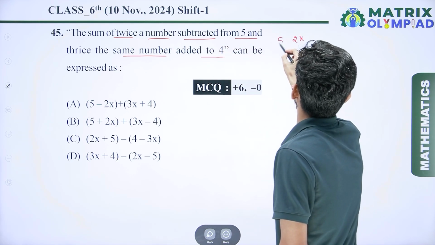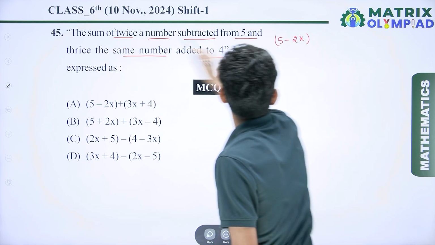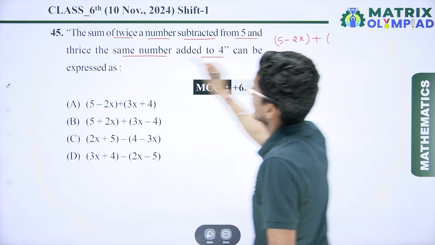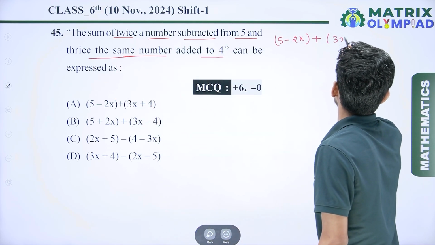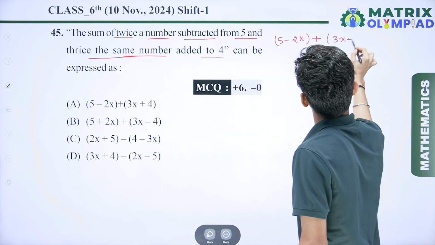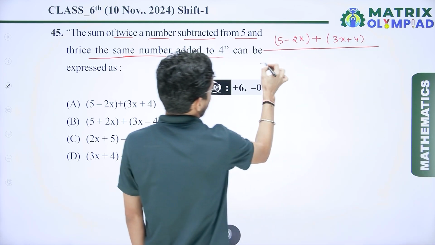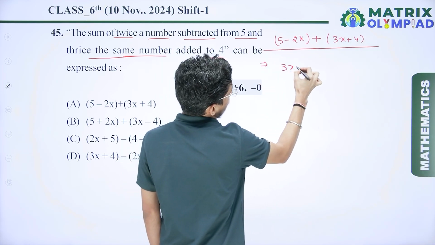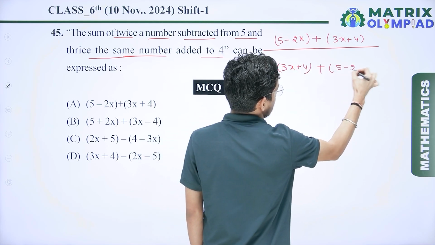So I can write here subtracted from 5, and we have to add thrice the same number. The number is x, and thrice the same number is 3x, added to 4. So we get this expression. If I arrange this one, I can write here 3x plus 4 plus 5 minus 2x.